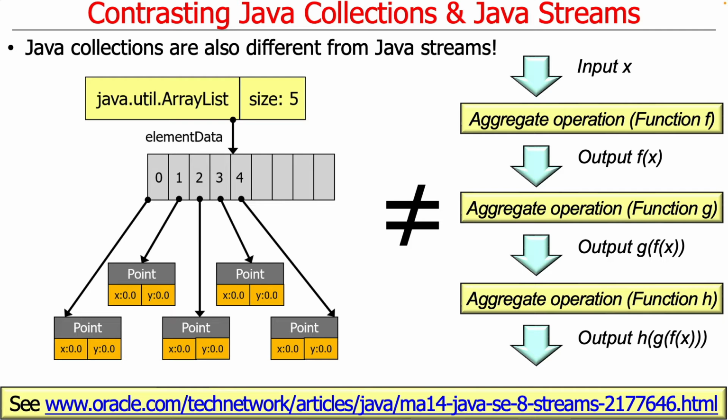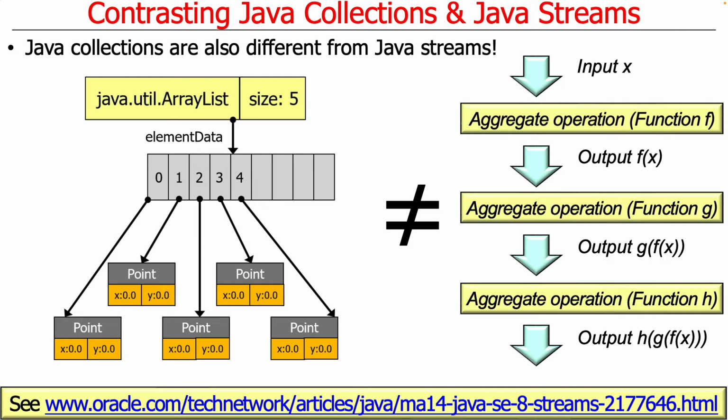So if we have an array list of size 5, we've got 5 elements at the 0th, 1st, 2nd, 3rd, and 4th location. Just for kicks, let's assume we're storing points, so we have x and y coordinates, which in this case are doubles. That's an example of what a Java collection might look like.